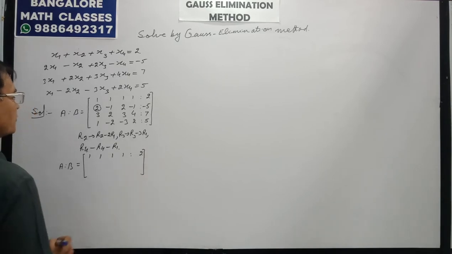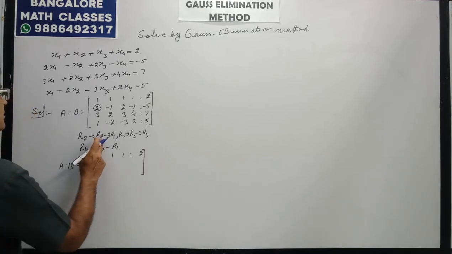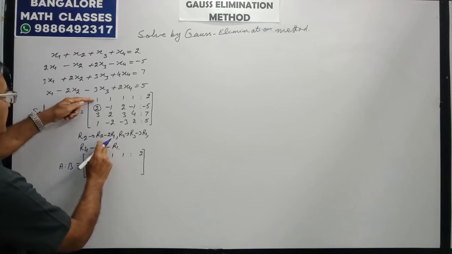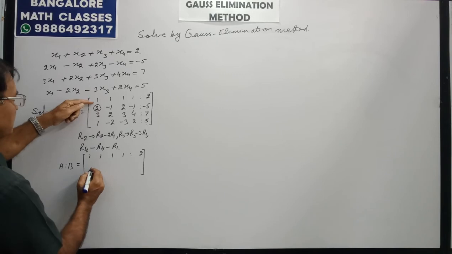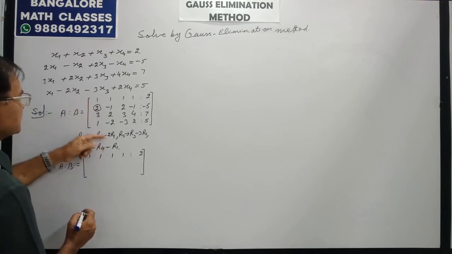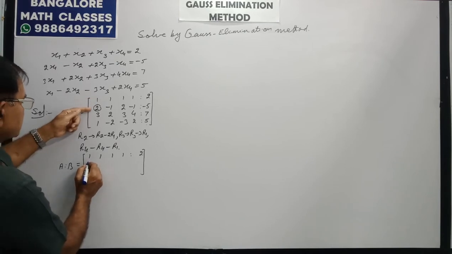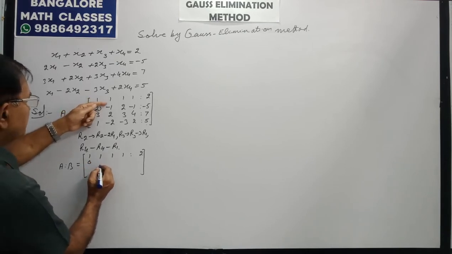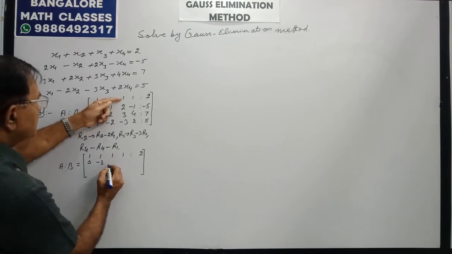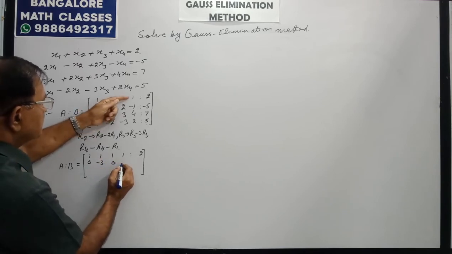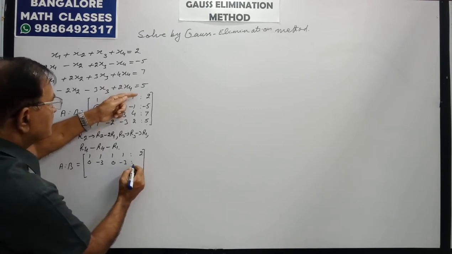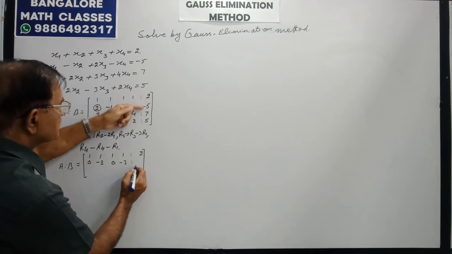For R2, I want R2 minus double of R1. Double, subtract. Learn it carefully. Double, subtract.